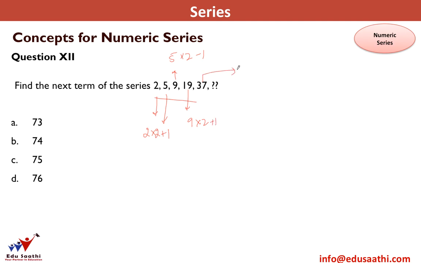This fifth term here is 19 into 2 minus 1. So this term here would be 37 into 2 plus 1, and this is 75. So this was a relatively easy question, just a combination of multiplication, subtraction, and addition. Let's move on to the next question.